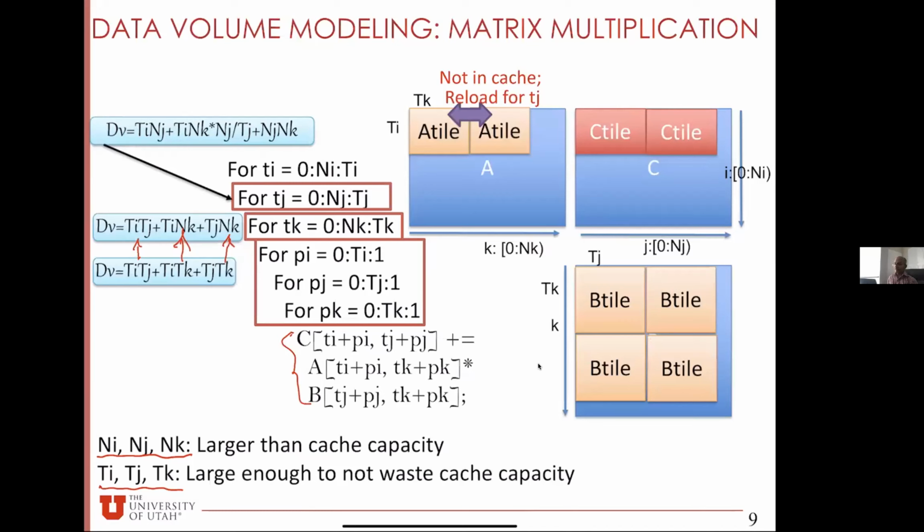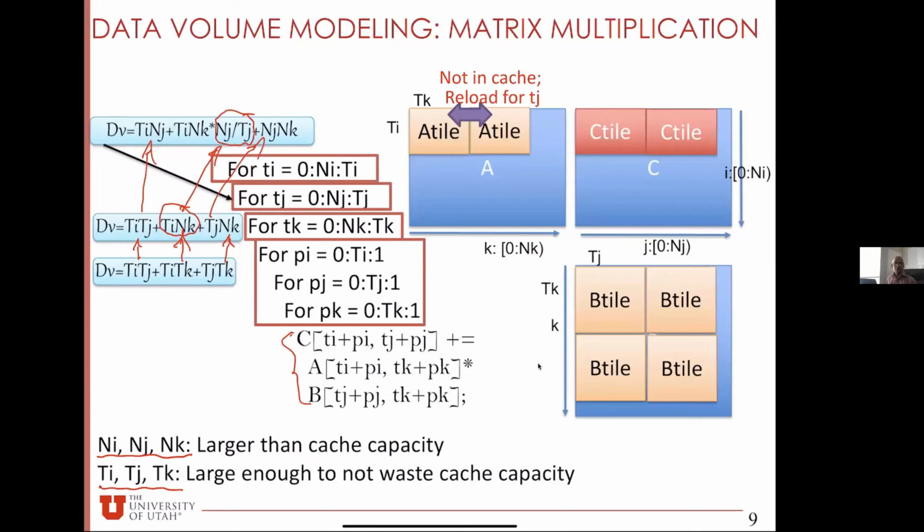So we can essentially generate the total volume expressions. Again, for C, it goes from Tj to Nj, and similarly here we will have this go from Tj to Nj. Now for A, the volume which previously was Ti times Nk, we are going to have it be reloaded each time for the J loop.